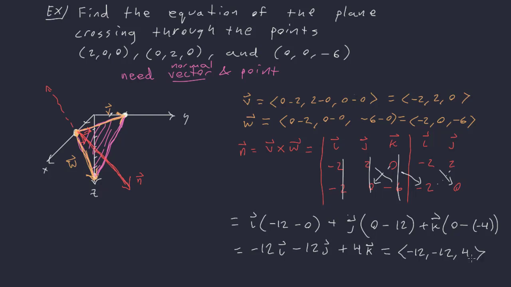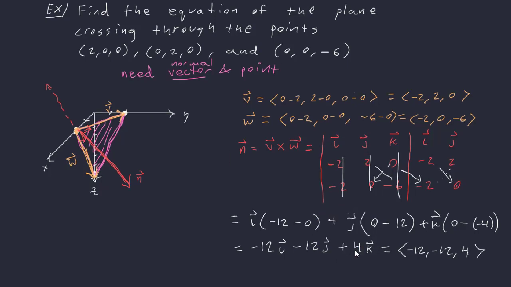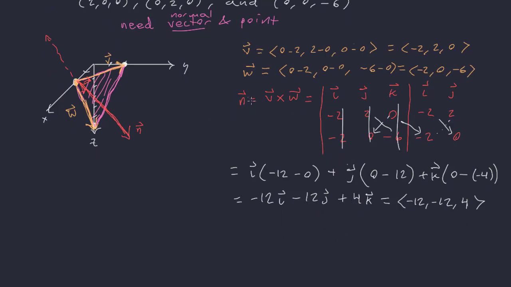Now, this will be a vector normal to the plane, okay? However, it's kind of unwieldy. In fact, I'm going to call this n star. So I'm going to choose n to actually equal, I'm going to simplify this a bit.